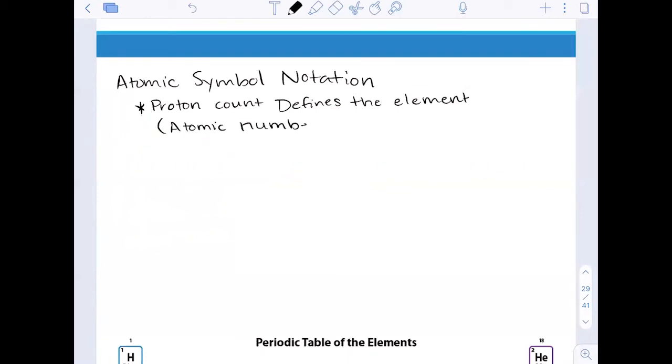We're going to have a couple of definitions here as we get through understanding how we write out elements in our shorthand way. Atomic number, or even abbreviated the Z, it could be referred to as the nuclear charge.